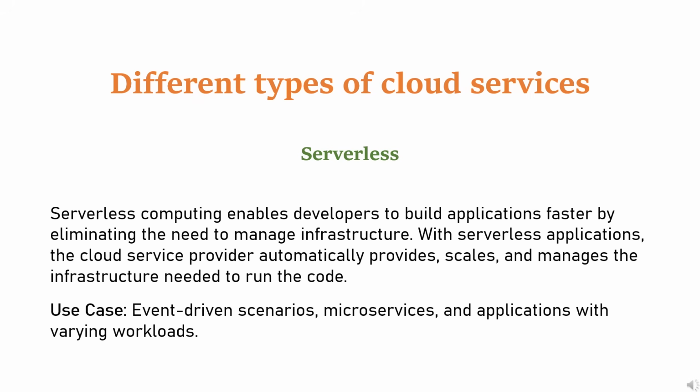Serverless computing enables developers to build applications faster by eliminating the need to manage infrastructure. With serverless applications, the cloud service provider automatically provides, scales, and manages the infrastructure needed to run the code. Use case. Event driven scenarios, microservices, and applications with varying workloads.